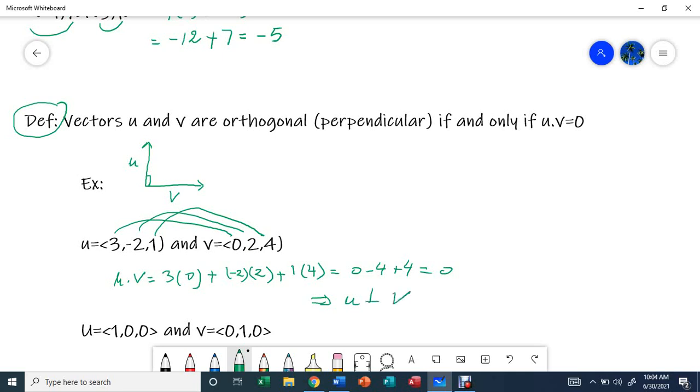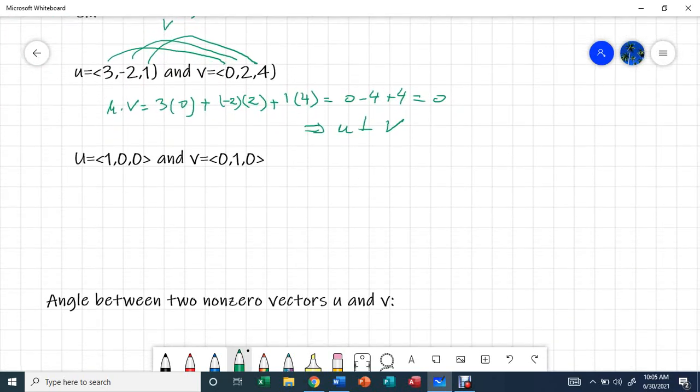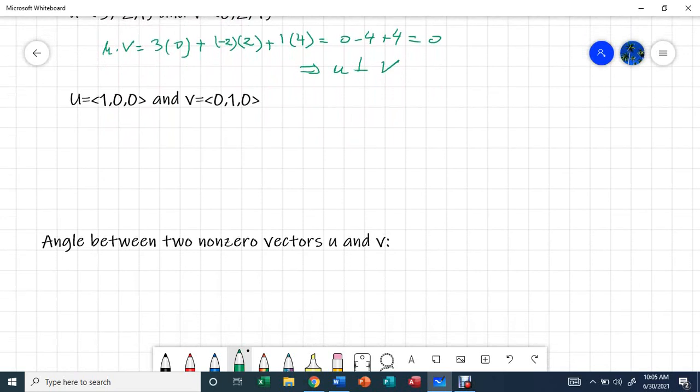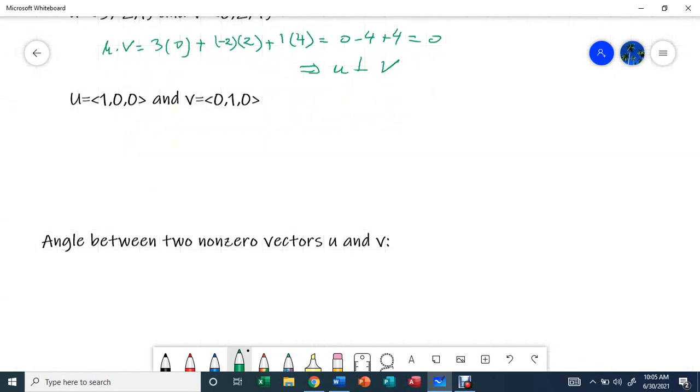Let's look at the unit vectors in 3D, u and v. So u is 1 0 0 and v is 0 1 0.